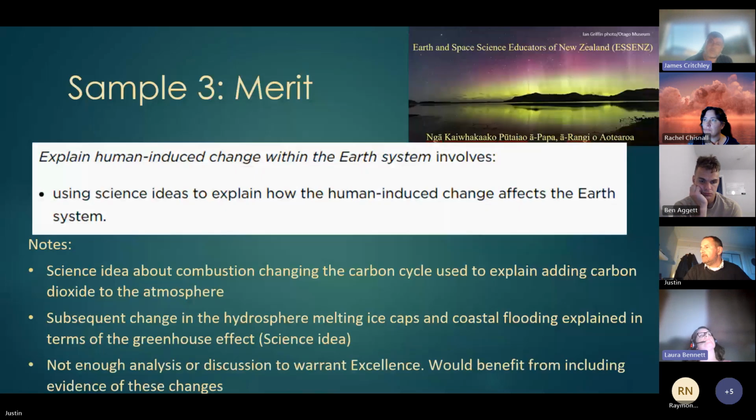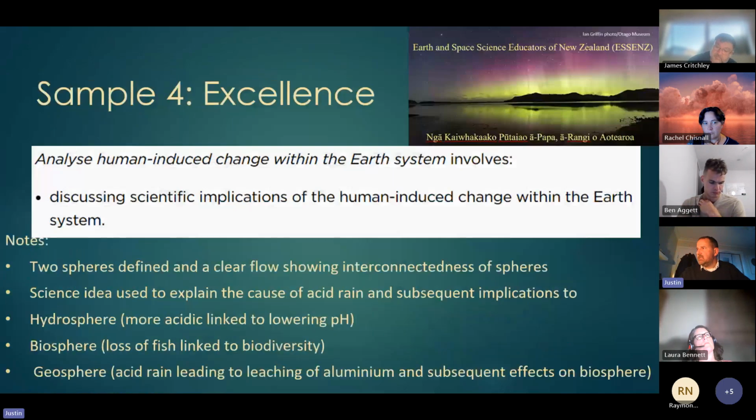So you're saying that the little section there for the linking of two systems is enough, but the excellence falls down because the consequences are not being explained. Is that correct? Yeah, the wording of the standard is the discussion and the analysis.